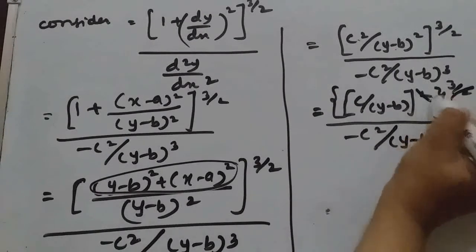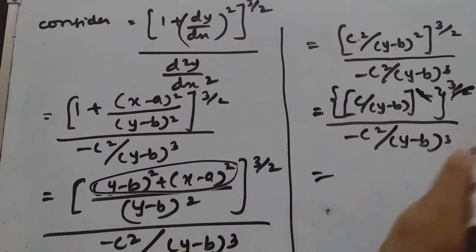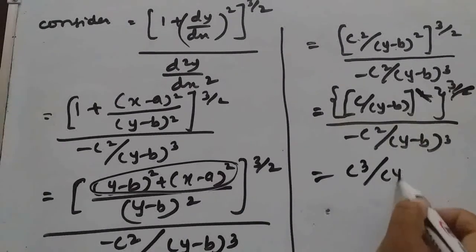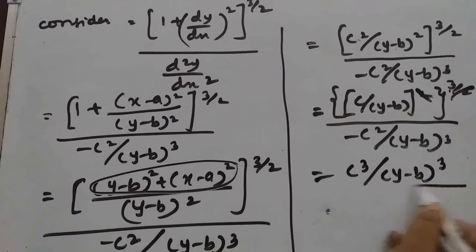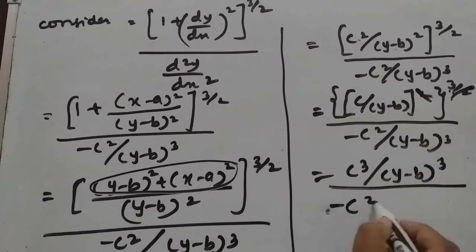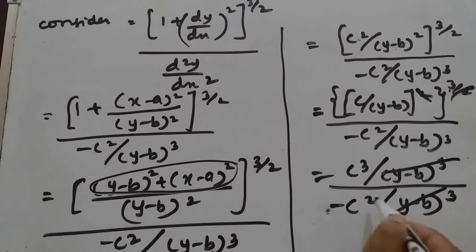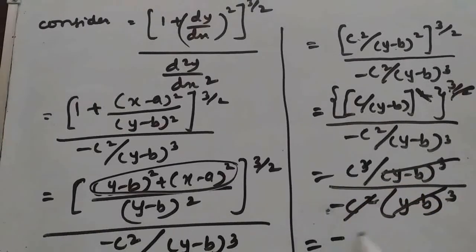Why? Because these two powers will get cancelled. So now only power is 3. So c cube by (y minus b) whole cube, and in denominator minus c square (y minus b) whole cube. So this will go, c will go. So the answer is minus c, which is a constant number and independent of a and b. So we have proved it here.